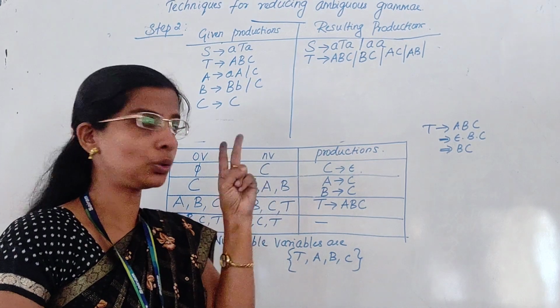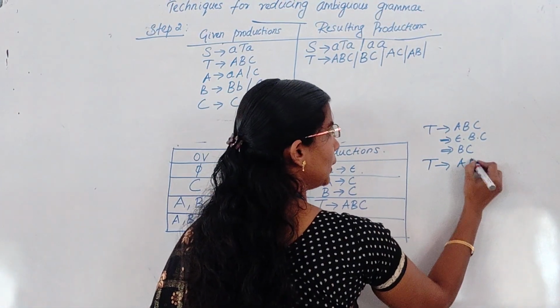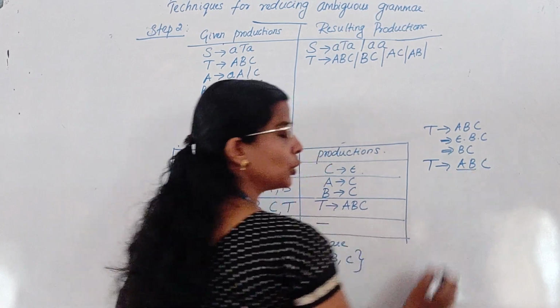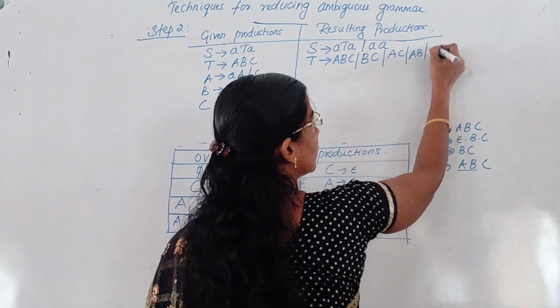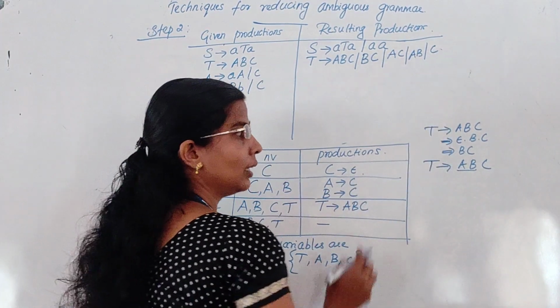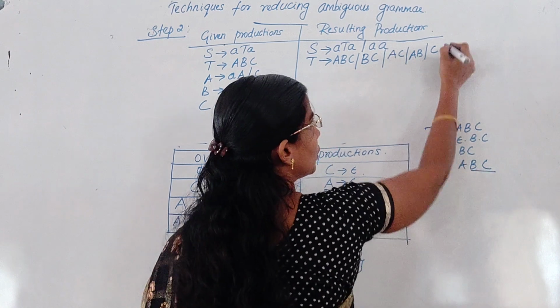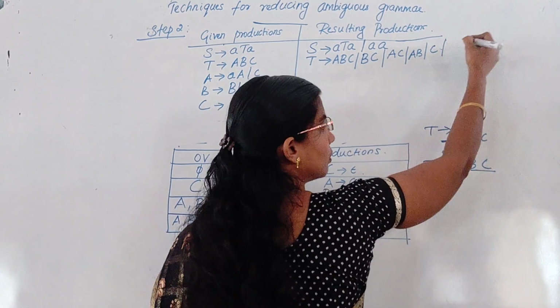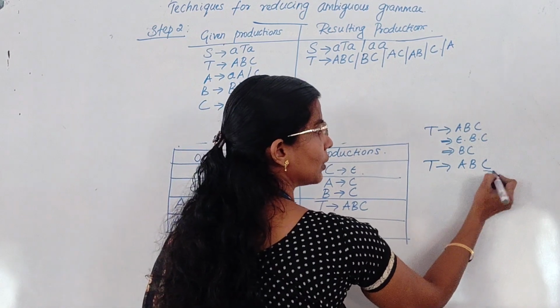Now I will substitute two. So take this production, A, B, C. Substitute null for the first two variables. So what you will get? You will get C. Next you substitute null for B and C. What you will get? A. Next you substitute null for first and last.